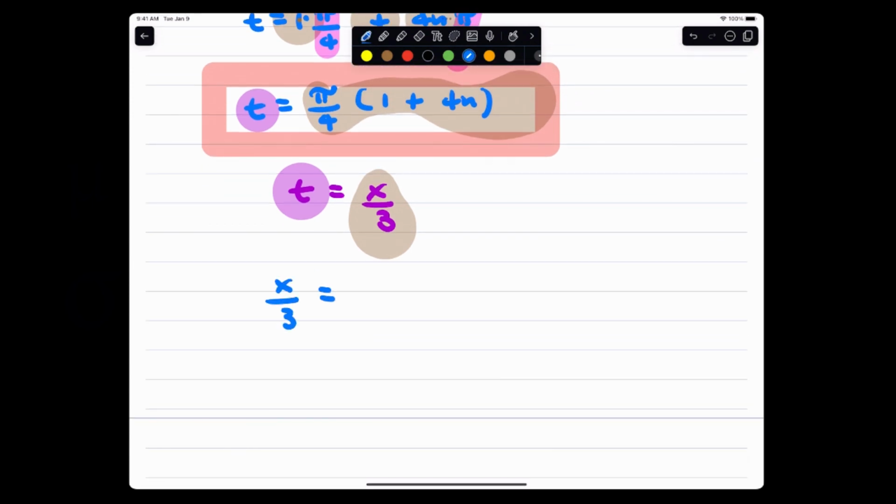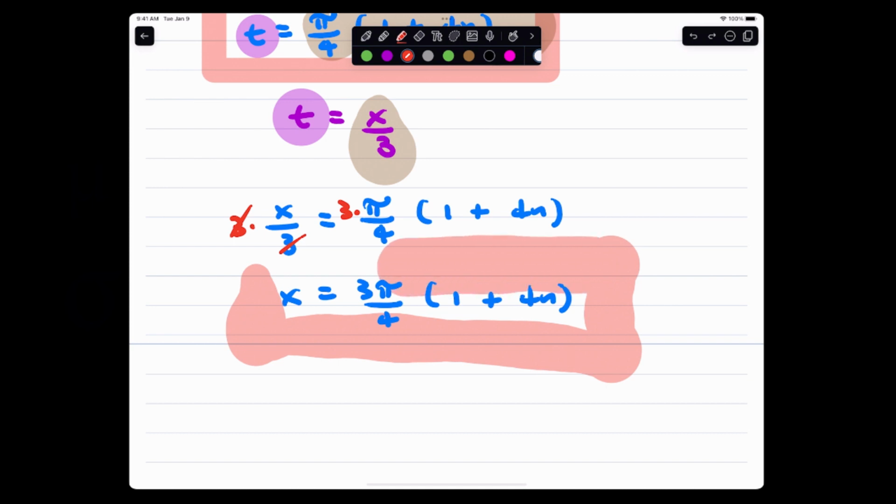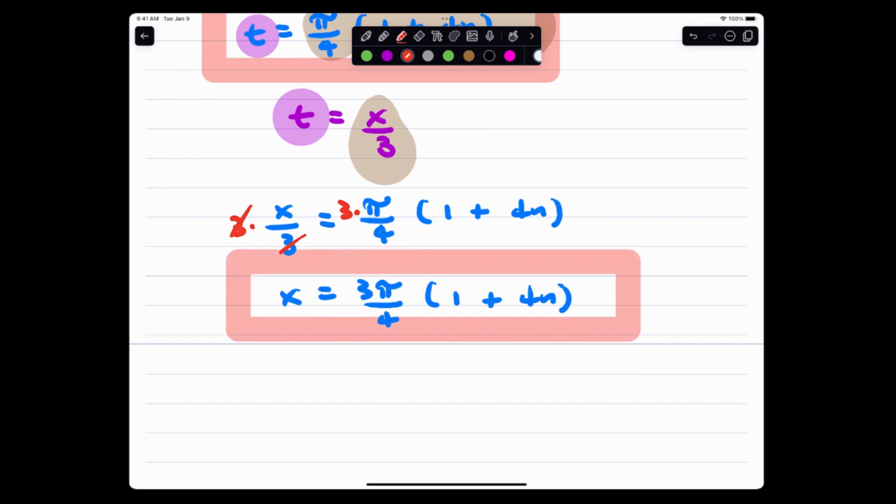X over 3 becomes pi over 4 times 1 plus 4n. Multiply both sides by 3. What does that mean about x? X will be 3 pi over 4 times 1 plus 4n. So this is the sequential form in terms of the variable x, which is what they're looking for. And this is going to be able to generate all your solutions here.